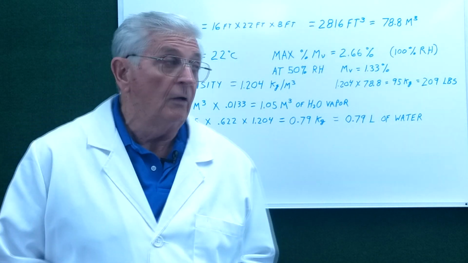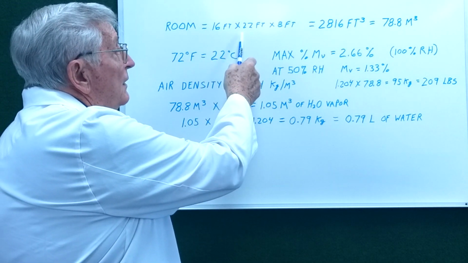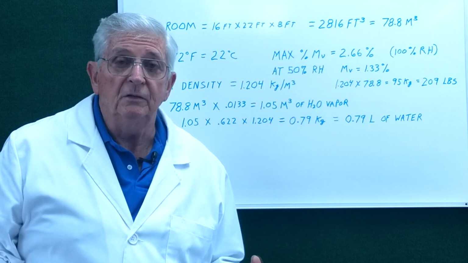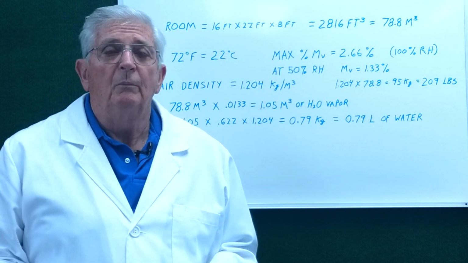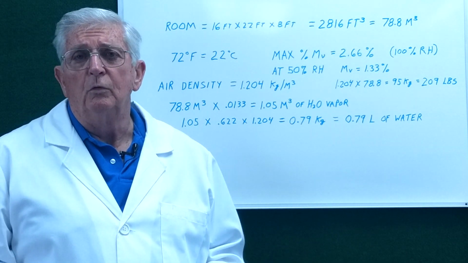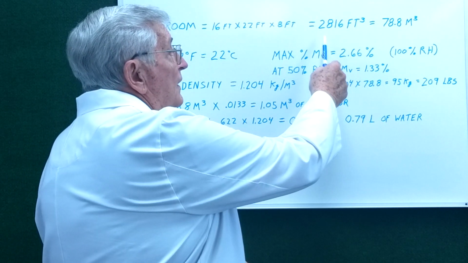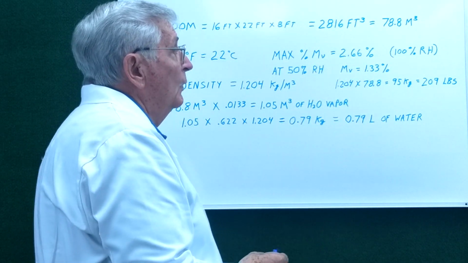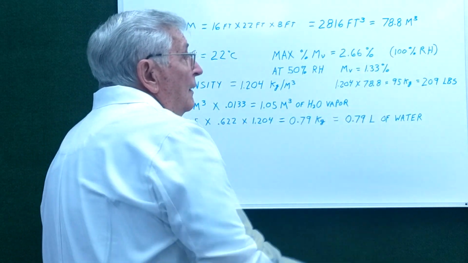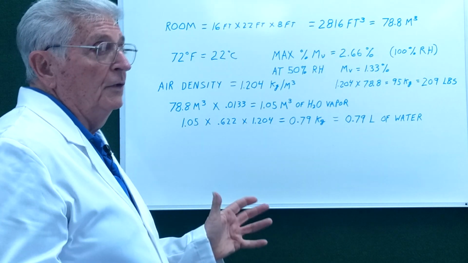I'm standing in a room that is approximately 16 feet by 22 feet by 8 feet in dimension. And we might wonder, well, how much water vapor is in a room like this? And this turns out to be about 2,800 cubic feet, which is about 79 cubic meters in volume.